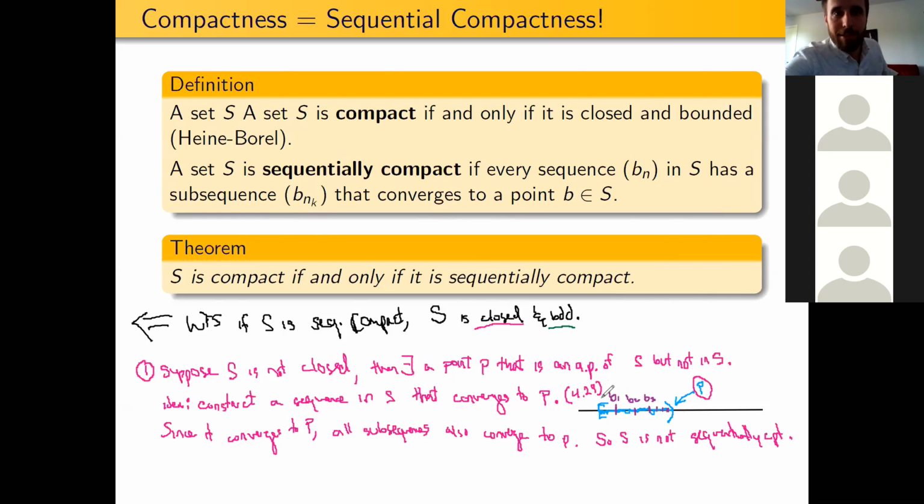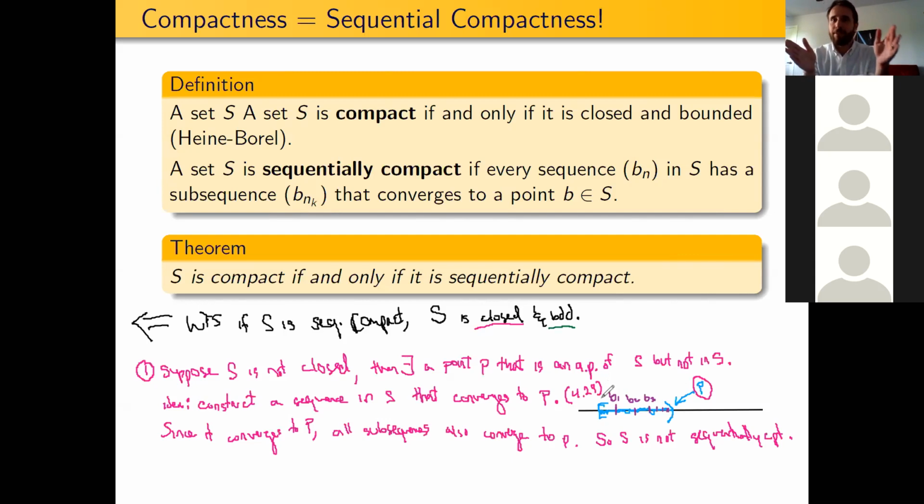Is that what you used for, since it converges to P, then all subsequences converge to P? Yeah, that's something else. Thank you, Jesse. So 4.29 said I could construct a sequence that converged to P, and then the result that I was just quoting involved subsequences, right?